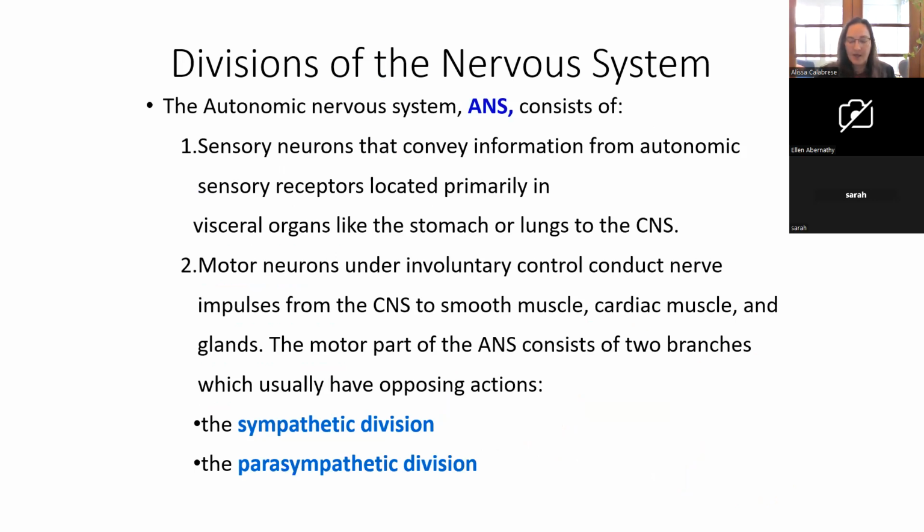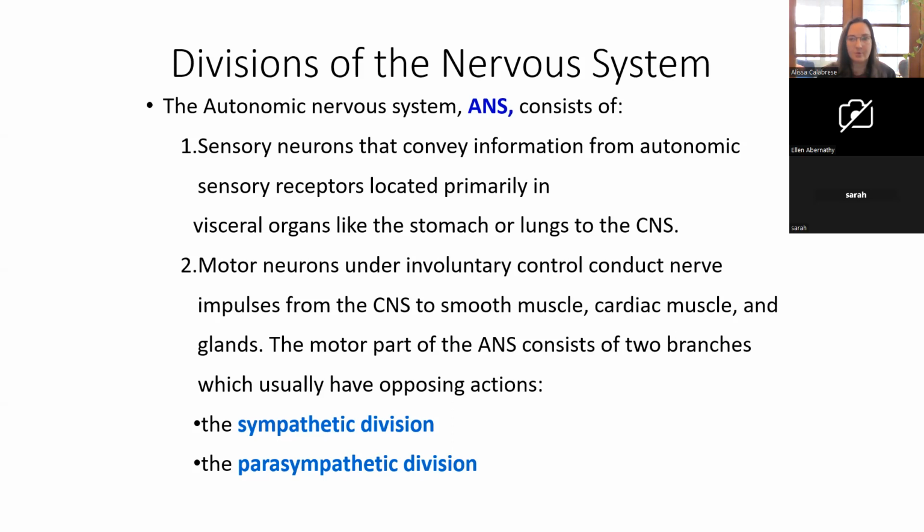All right. And then if we look at that autonomic or that automatic nervous system, you can further subdivide that category into sympathetic and parasympathetic. So you may have heard your sympathetic nervous system referred to as your fight or flight response. So sympathetic activity is sort of like a heightened response to danger, right?